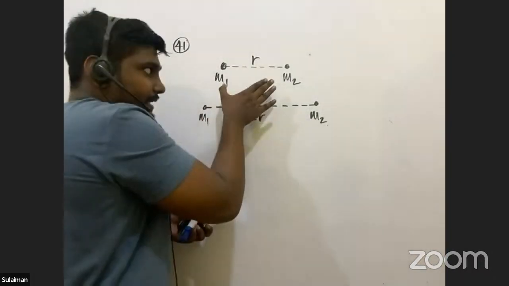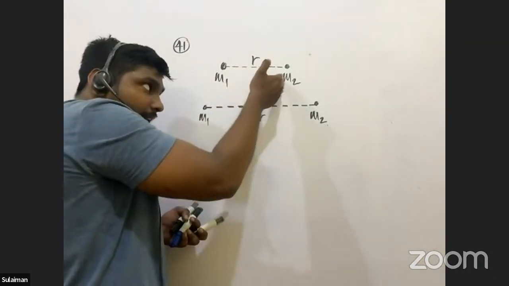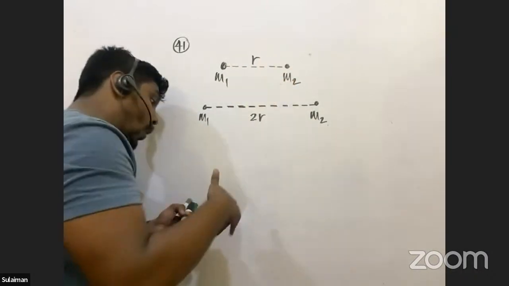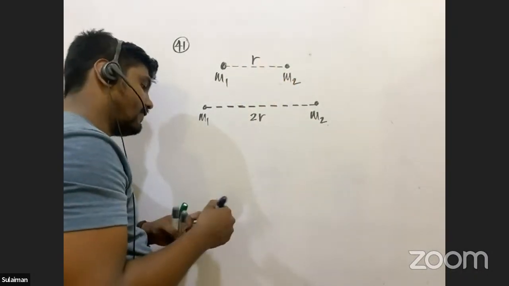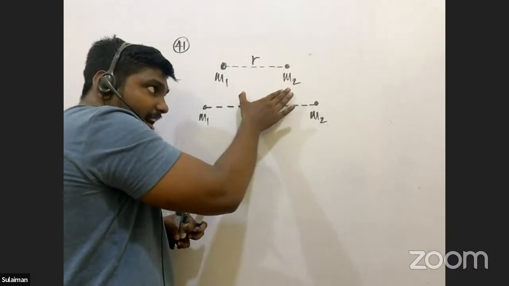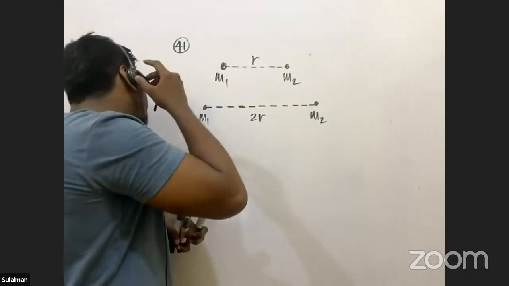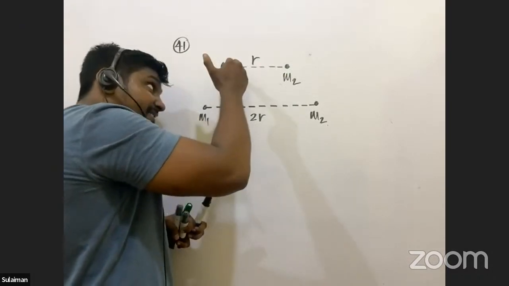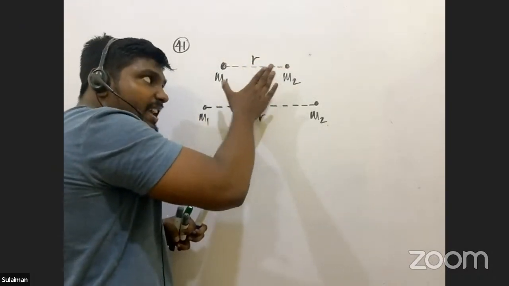We learned in the gravitational field that when there are masses, there are always attraction forces. In an electric field, between charges, there can be attraction as well as repulsion forces. But in the gravitational field, between masses, there is only attraction.